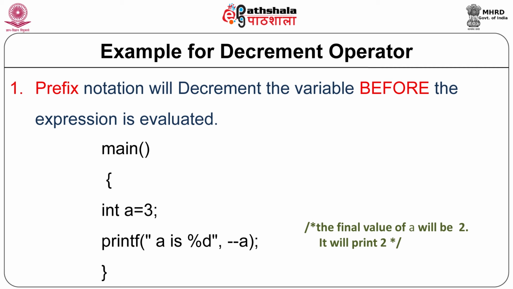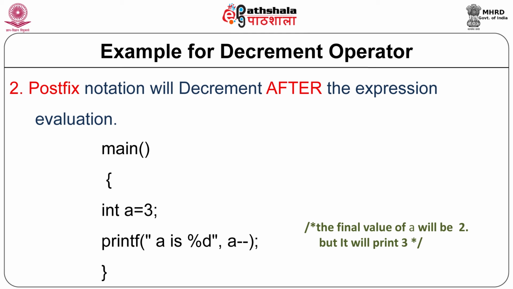In this, the final value of a will be 2 and result will be 2, because I am using prefix decrement operator. So, value of a is 3 and that 3 is decremented by 1, therefore, a is 2 and that 2 value will be printed.